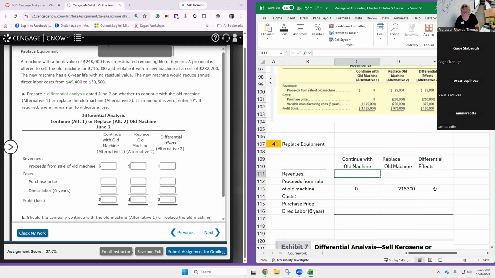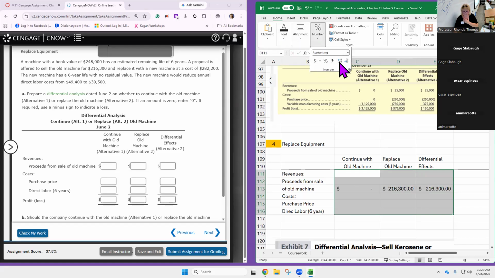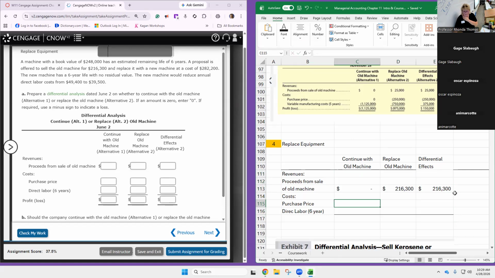All right, so now let's do the replace minus the continue. So replace minus the continue. All right, so that is 216,300, not a stretch. Let me make these all dollars now. Okay. All right, now let's go to cost.